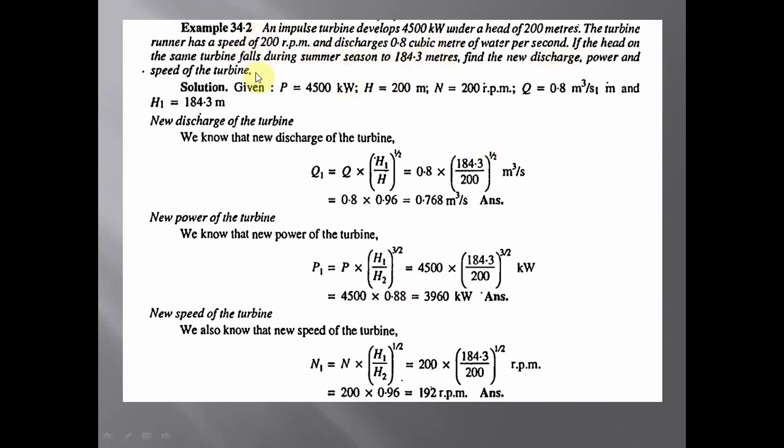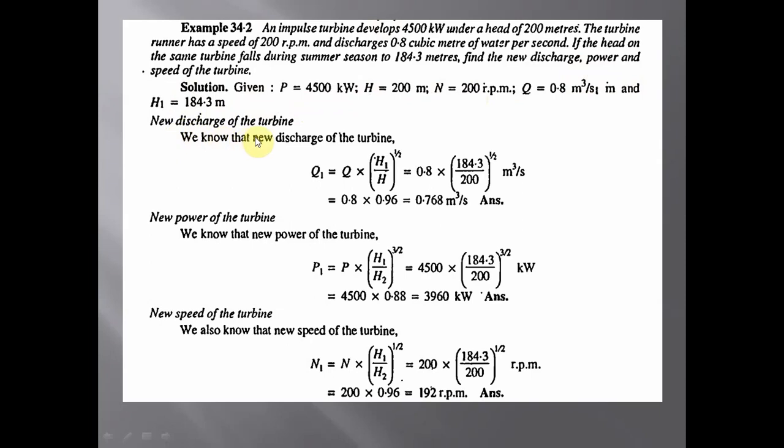If the head on the same turbine falls during the summer season to 184.3 meters, find the new discharge, power and speed of the turbine. Given P = 4500 kilowatt, H = 200 meters, N = 200 rpm, discharge Q = 0.8 cubic meters per second, and H1 = 184.3 meters.